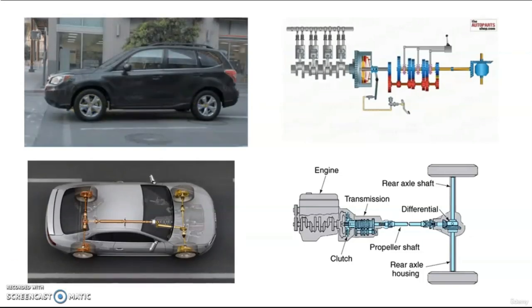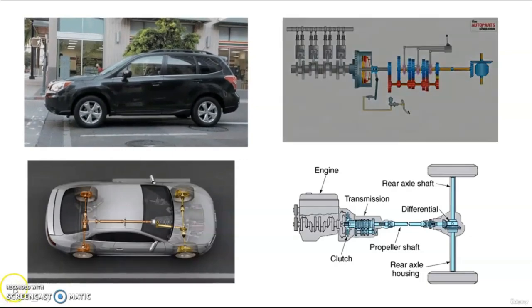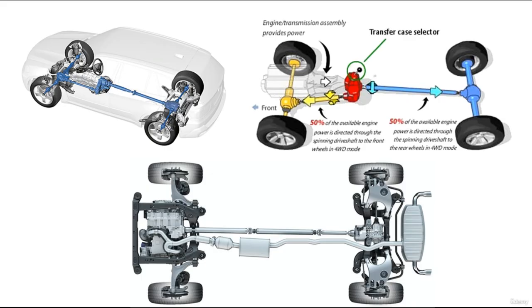Four-wheel drive or all-wheel drive vehicles combine features of both rear and front-wheel drive systems so that power can be delivered to all wheels either on a permanent or on-demand basis. Typically, if a pickup truck or SUV has four-wheel drive, the system is based on a rear-wheel drive and a front drive axle is added.